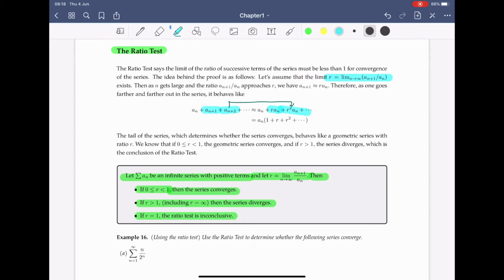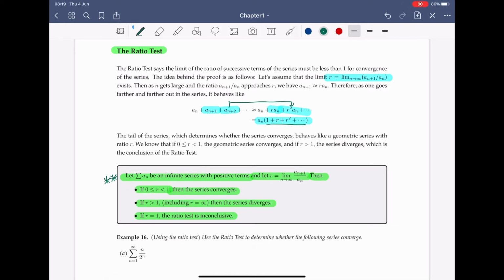You keep repeating this, so at the end you get a_n times (1 + r + r squared + ...). The thing inside the parentheses is a geometric series, right? So your series is going to be convergent when absolute value of r is less than 1. That is the idea behind the ratio test. But when you just memorize the statement and use it, you just need the thing in the box here.